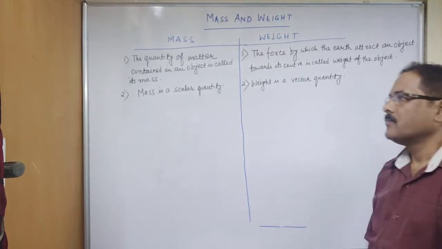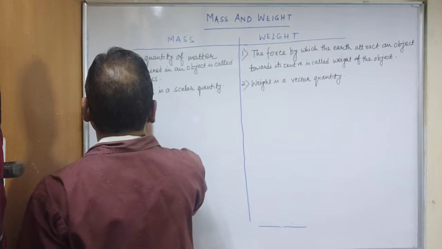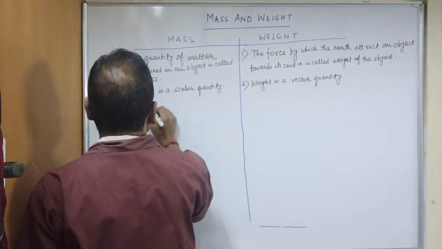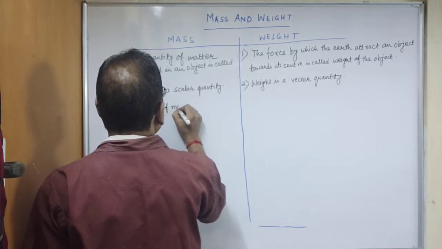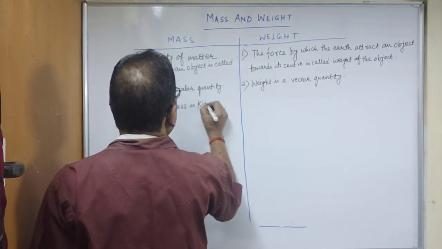Then write their units, that is also a difference. So the SI unit of mass is kilogram.